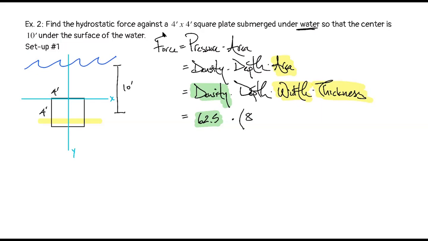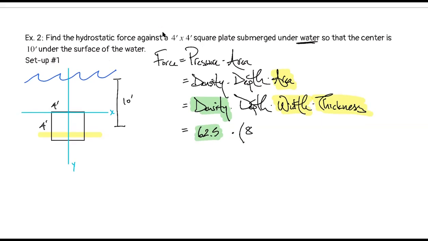Okay. Now 8 is the smallest depth that it can be, but that depth only gets larger as I go down under the water. The bottom of the plate has a greater distance to the surface of the water. So instead of a positive Y being up, I make it face down so that it's in the direction that the depth is changing.